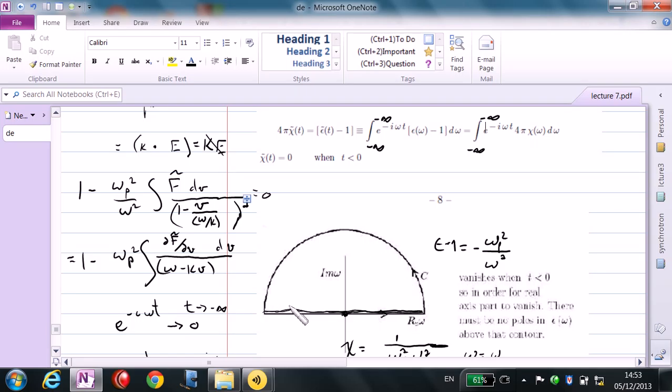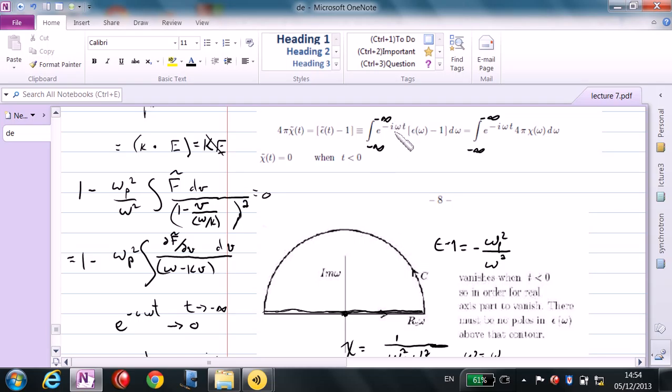by doing it explicitly. And the point is, when t is negative and omega has a large imaginary part, you get exponential decay, and it will be zero.